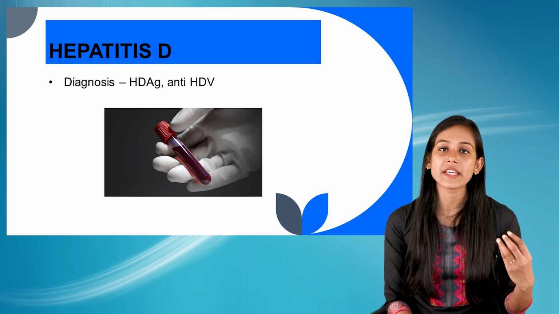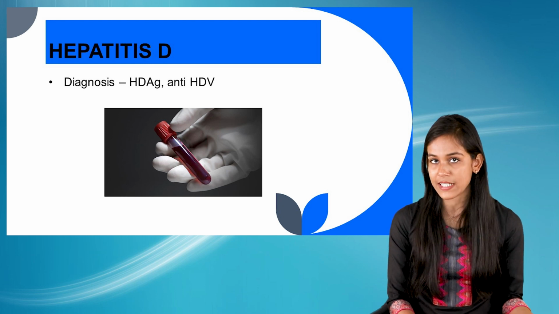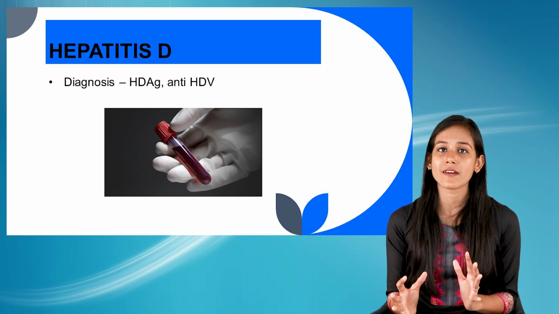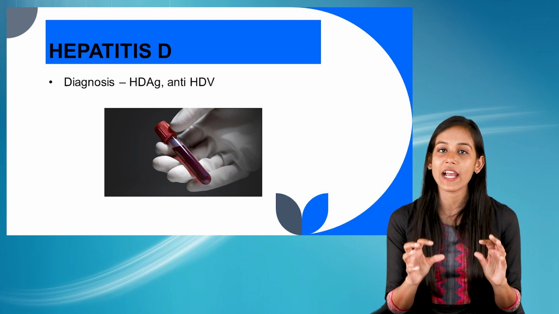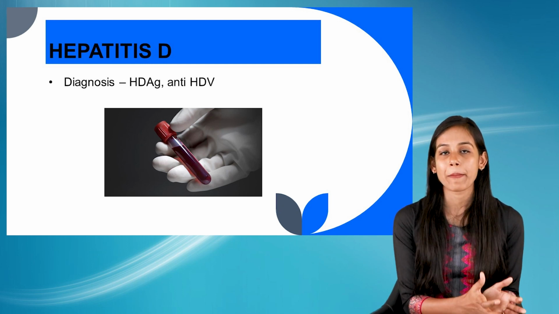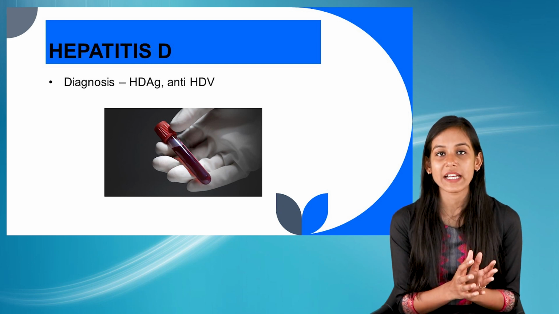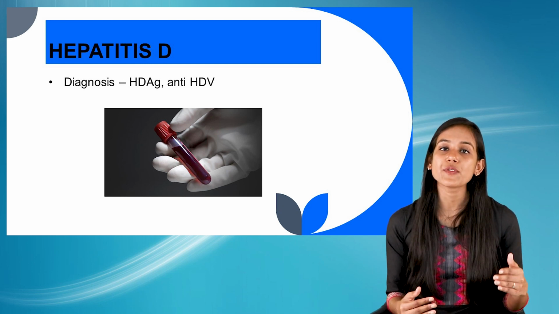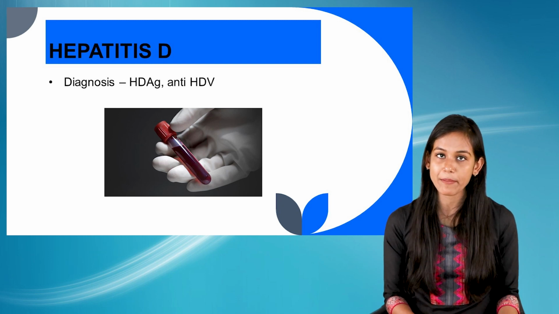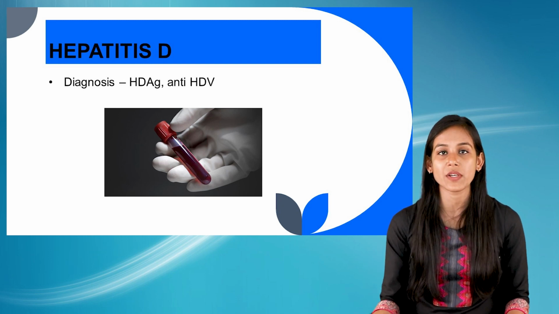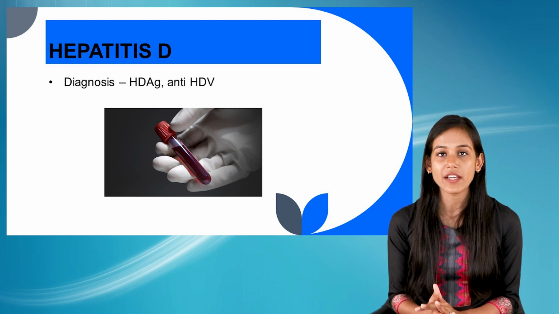So the child will be given hepatitis B vaccine first, because if there is hepatitis D virus, that means the child already has hepatitis B virus, right? So in that case, we would first give vaccine for hepatitis B. So first we have to cure hepatitis B, then only this can be cured.